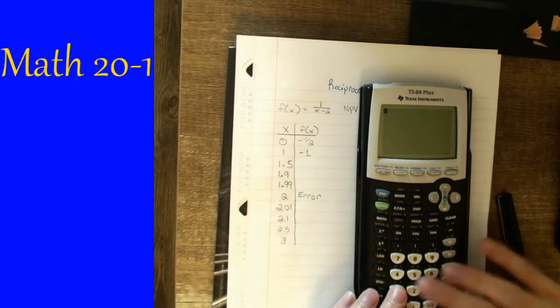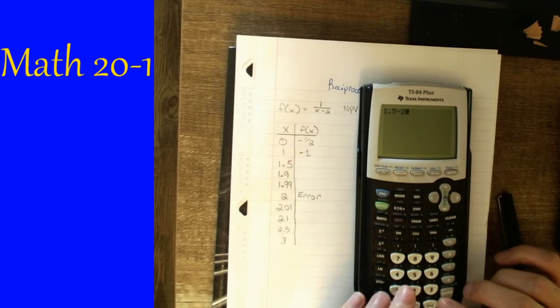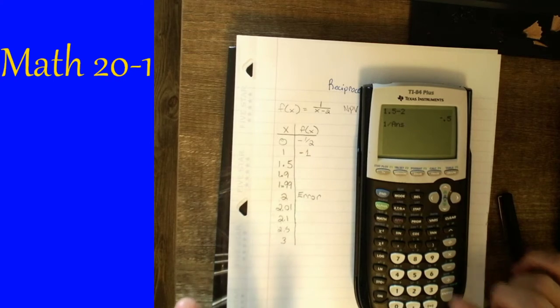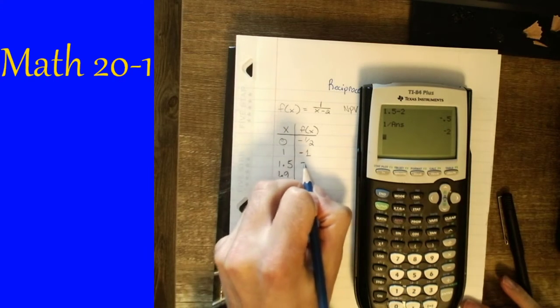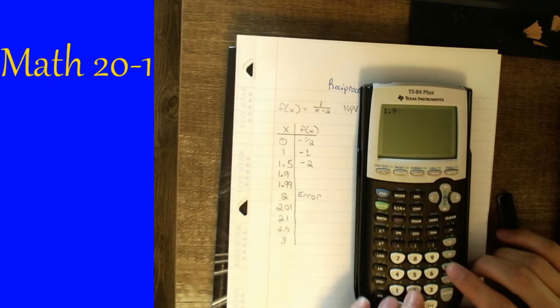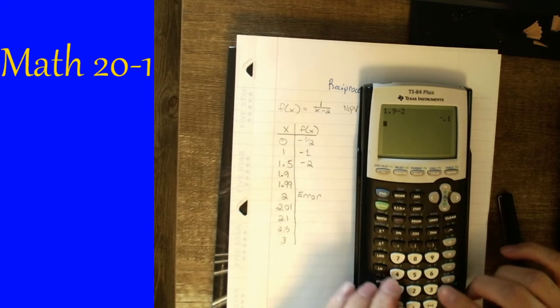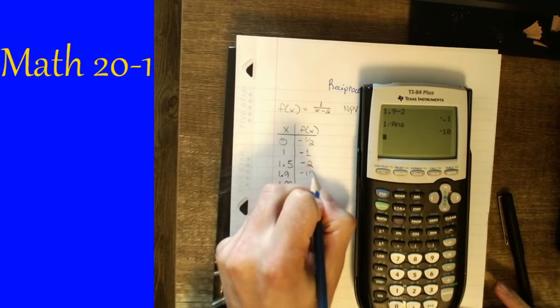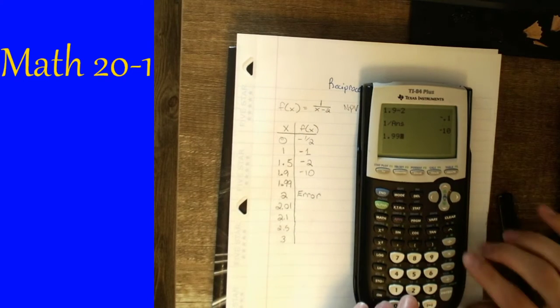Okay, so what about 1.5 subtract 2? And then 1 over that answer. So negative 2 here. Okay, what about 1.9? Well, 1.9 subtract 2, and then 1 over that is negative 10. Okay, 1.99.